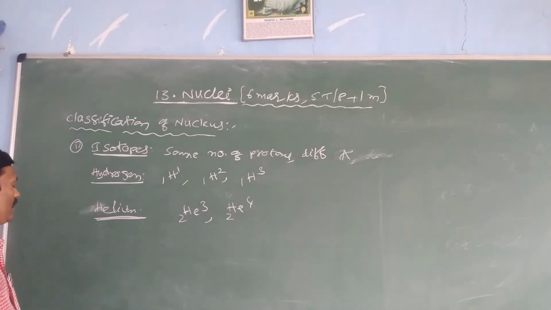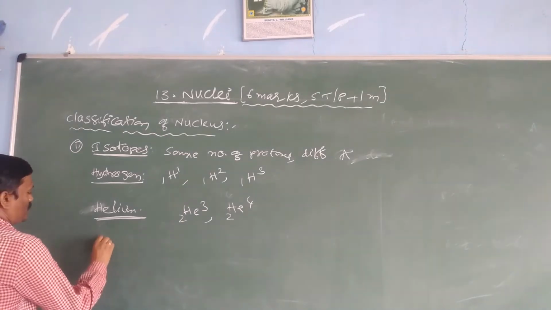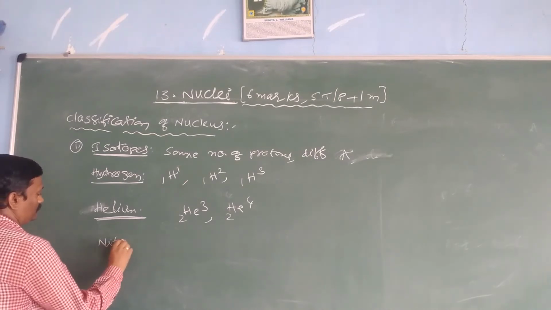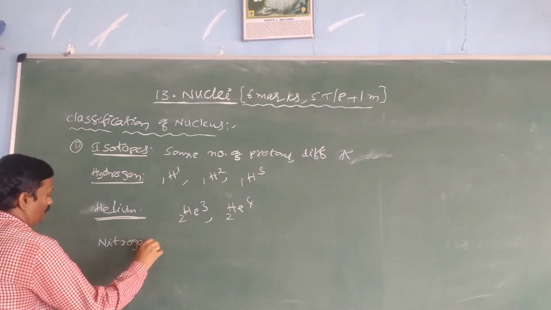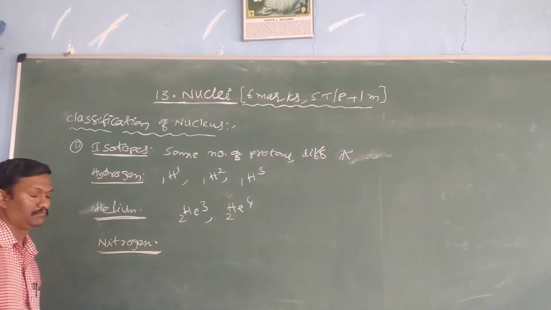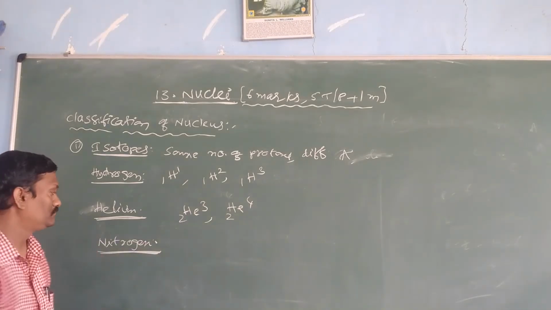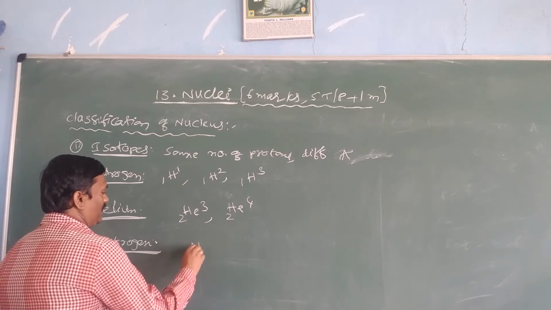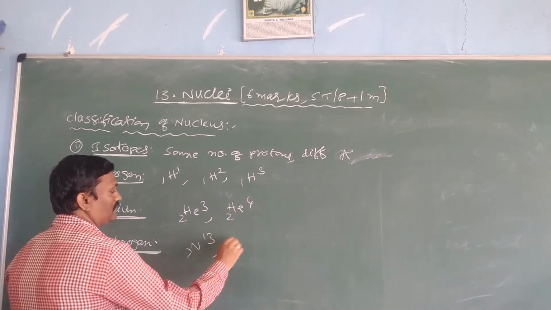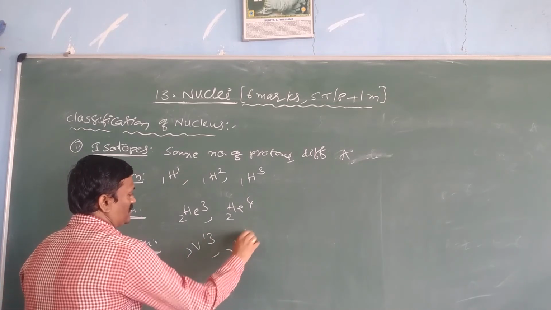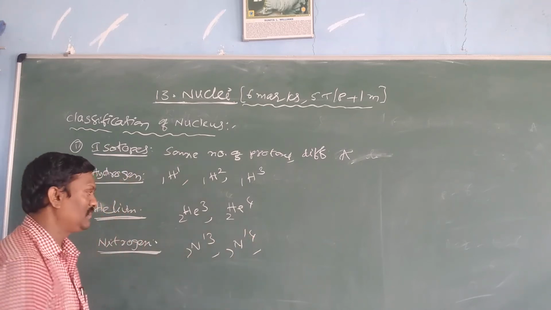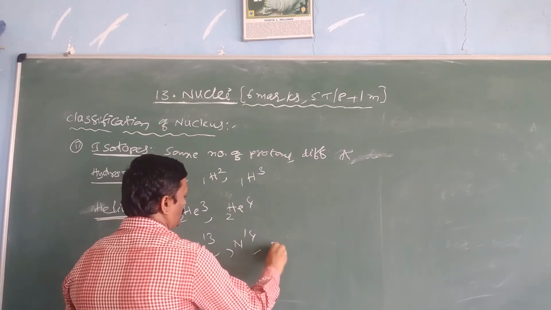Next, one more: nitrogen. What are the different isotopic forms of nitrogen? One is nitrogen 7,13, the second is nitrogen 7,14, and the third is nitrogen 7,15.